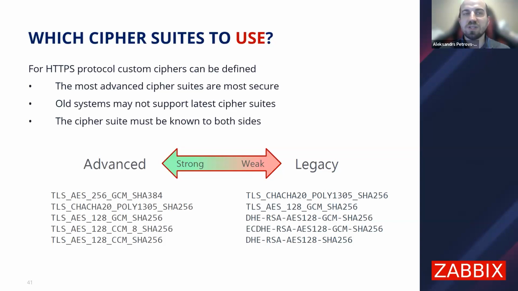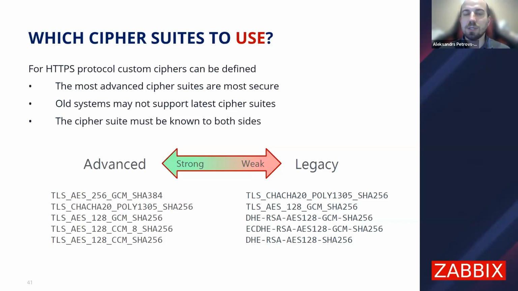Of course, the most advanced cipher suites will be the most secure, but they can potentially be a bit slower. Or again, you might work with older systems, and they may just not support the latest cipher suite. So you will need to do proper research again to see what exactly is supported in the environment, what is currently considered to be the best option, and choose from that.